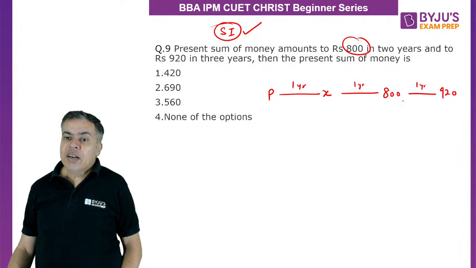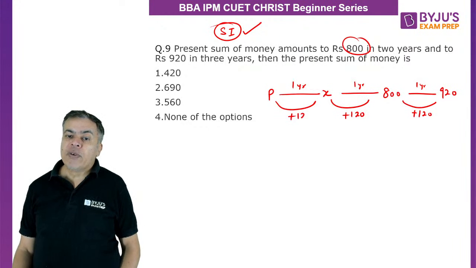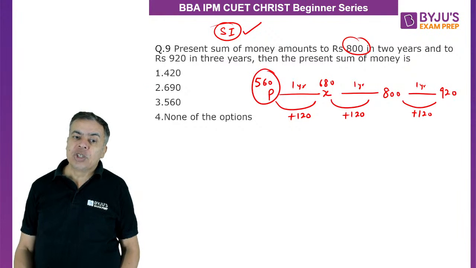If here the interest is 120, here also the interest should be 120, and here also 120. So 800 minus 120 becomes 680. 680 minus 120 becomes 560. So the principal should be 560.